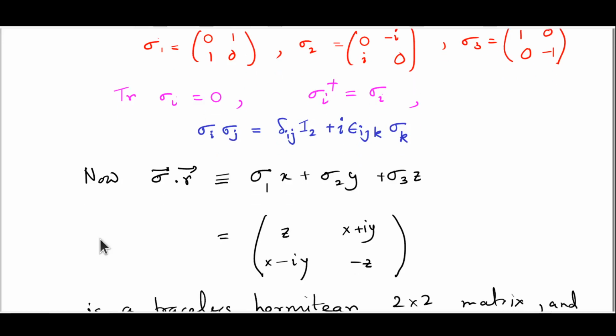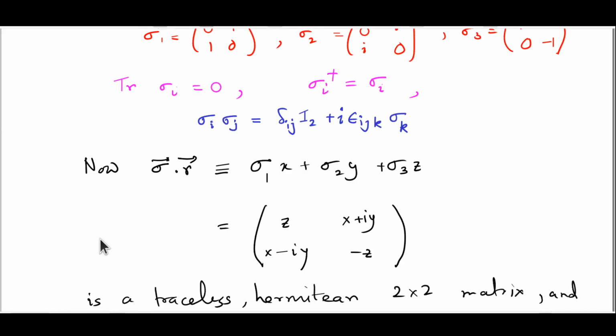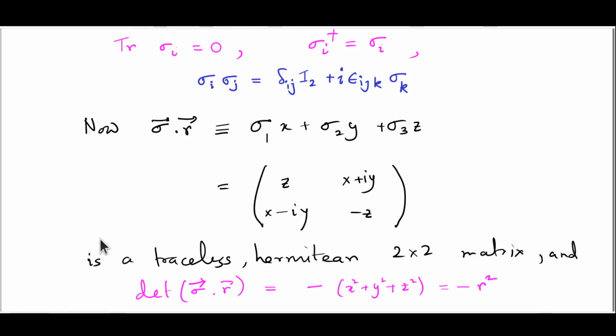Now, just like the sigmas, this combination happens to be a 2x2 matrix which is traceless and Hermitian. And a very important result that's going to be very useful soon is that the determinant of sigma dot R, this particular matrix, can be easily seen to be minus (x squared plus y squared plus z squared), that is, minus length squared of the vector R.